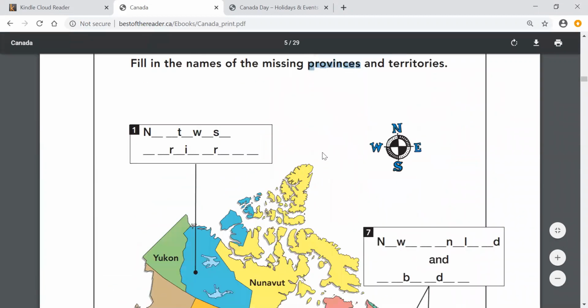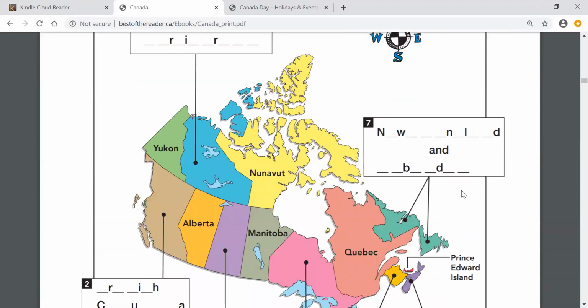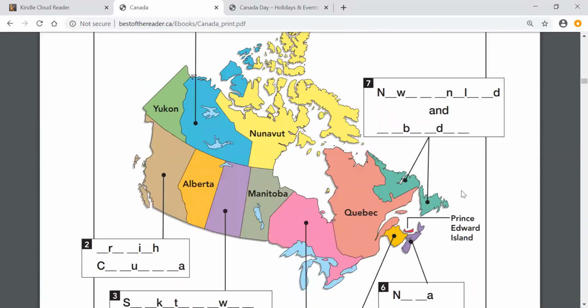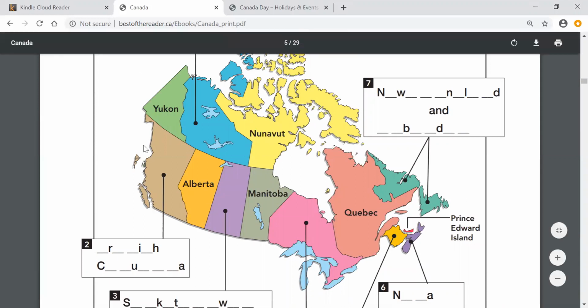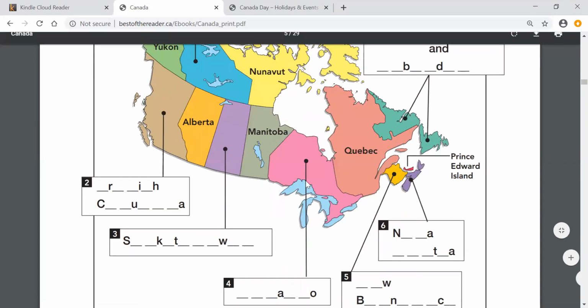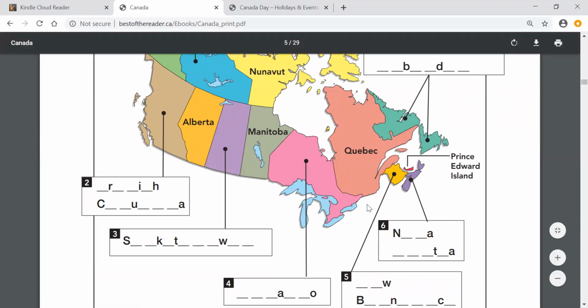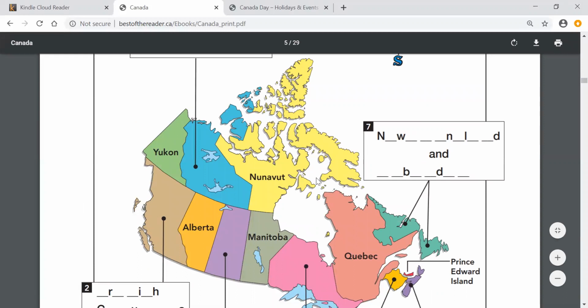No. We say these are territories. Repeat after me, please. Territories. How many territories does Canada have? Let's count. 1, 2, and 3. So Canada has 3 territories. And how many provinces? 10. 10 provinces and 3 territories.